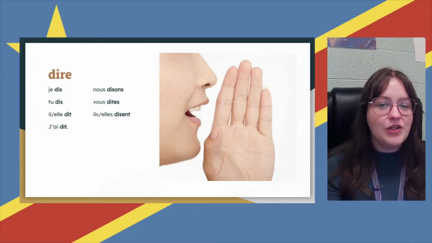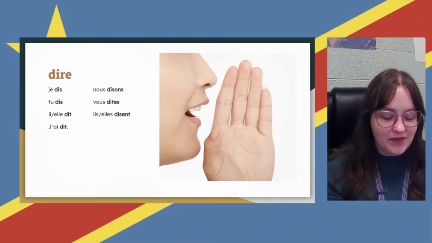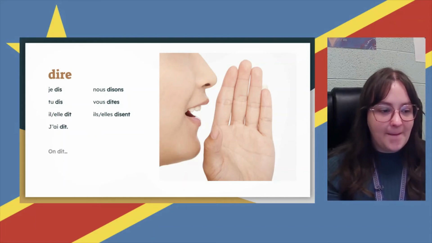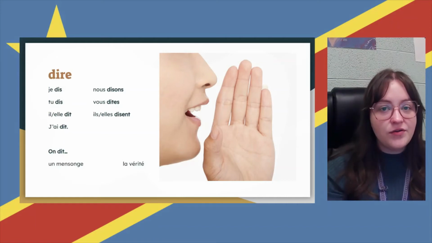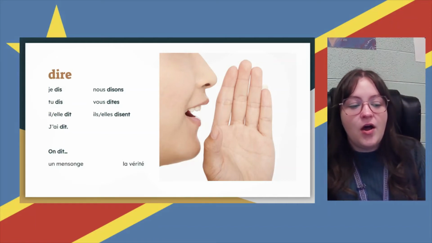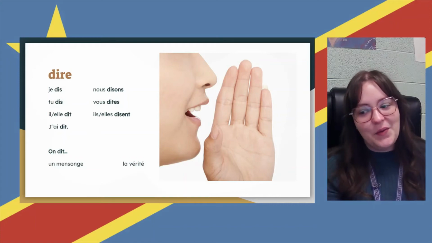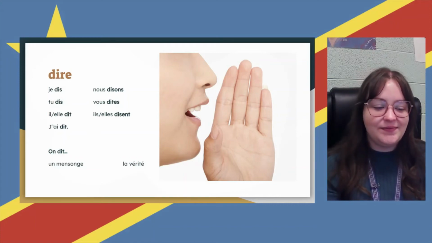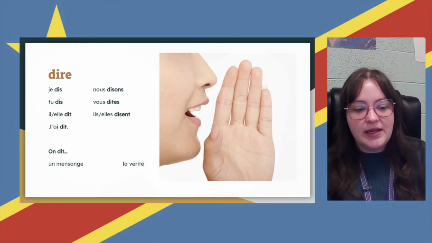Okay, and there are only 2 words that we're going to learn that go with dire, although you can tell or say any number of things. On dit, one tells. Un mensonge, which means a lie. One tells a lie. Or, on dit la vérité.